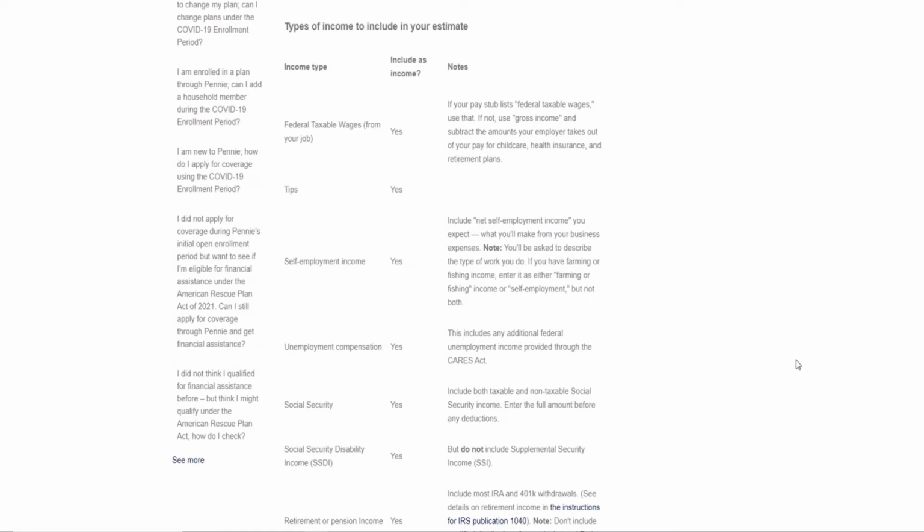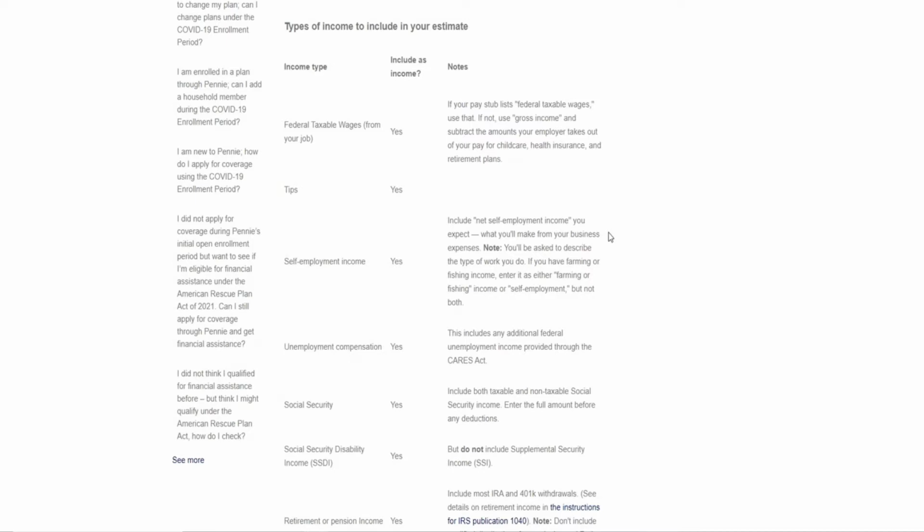Unemployment compensation. Unemployment compensation is different than workers' compensation. Unemployment compensation is taxable. Workers' compensation is insurance, so that's different. And we'll get to that here in a minute, but unemployment compensation is something that is taxable, so it's something that you would want to include in those calculations.